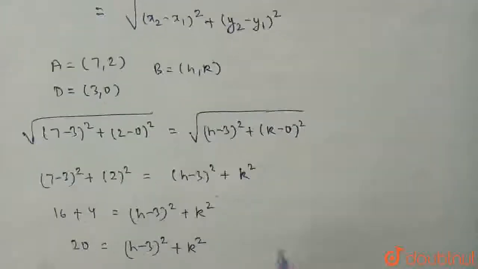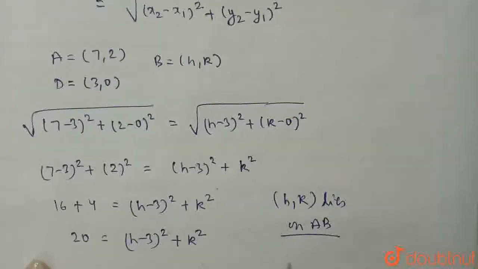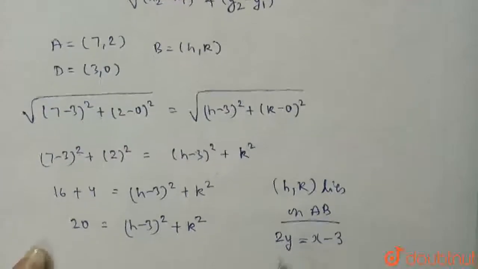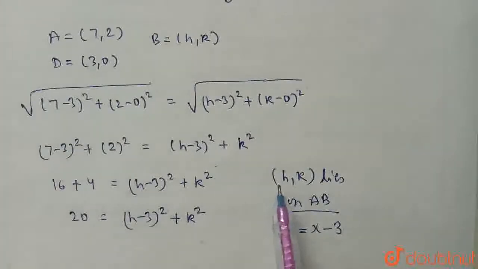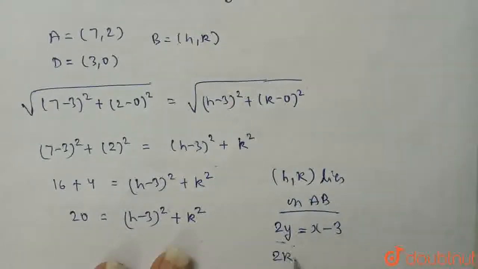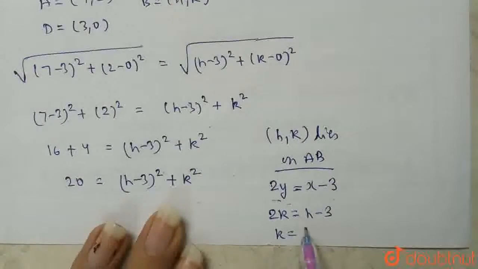And now we know that h, k lies on AB, and the equation of AB was 2y is equal to x minus 3. So h, k will satisfy this equation. We put the value of x as h and y as k. So we get 2k is equal to h minus 3. Therefore k is equal to h upon 2 minus 3 upon 2.